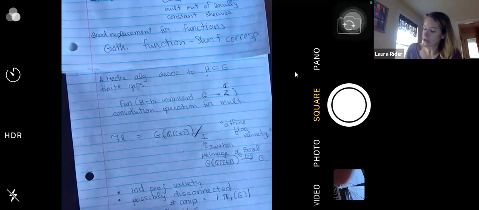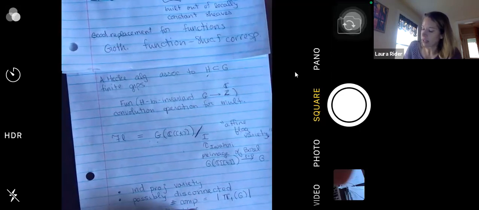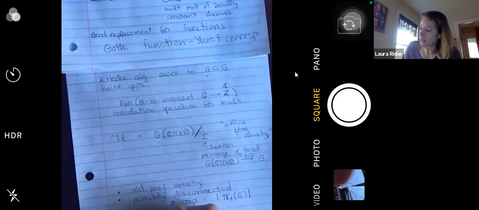And again, you have a description where a single orbit looks like some affine space, and the dimension is given by a length function associated to this affine Weyl group, and its closure is a projective variety.